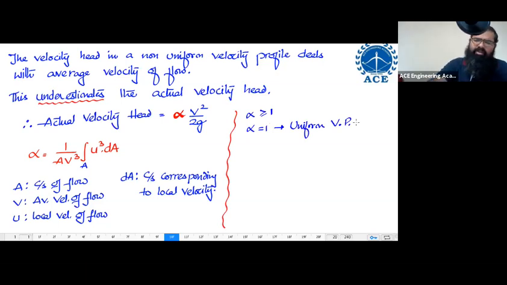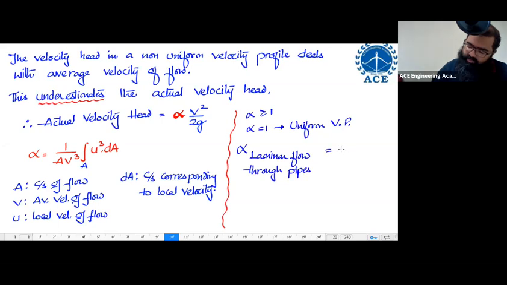Otherwise, it is greater. As a matter of fact, alpha in the case of laminar flow through pipes is equal to 2. This is the value you are going to have.